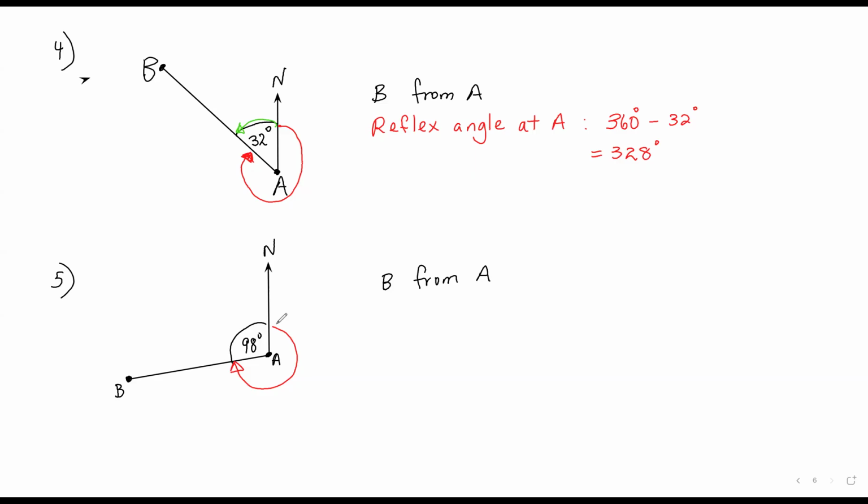So in question 5, this 98 is an obtuse angle, because it's more than 90 degrees. And a reflex angle is more than 180 but less than 360. I'm just writing these words so you get familiar again with the names of angles. It's not too important. Actually, no, it is important. Learn them.